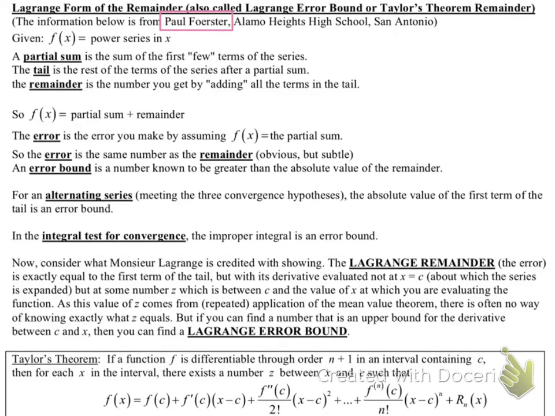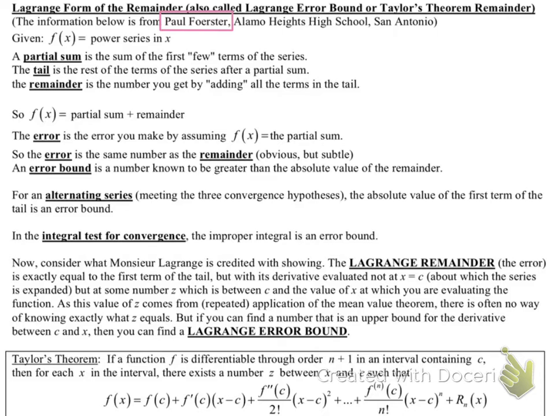So the error is the same number as the remainder, and an error bound is a number greater than the absolute value of the remainder. So for an alternating series, the absolute value of the first term of the tail is an error bound. You already saw that at work.